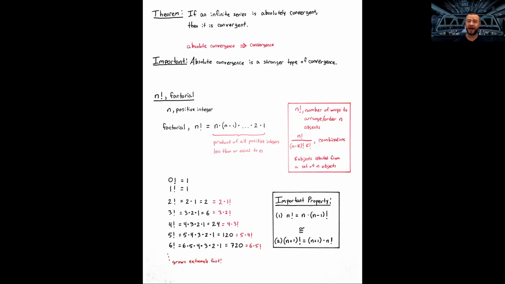What's going to be useful for us when applying the ratio test, which we'll be getting to in a few moments, is to kind of relabel this. Instead of using, let's say, n factorial, maybe we would have n plus 1 factorial. Now, the second version is equivalent to the first property there. It's just a more useful version for what we're going to get to with the ratio test. So what it says is any factorial, you can write it as that integer times the previous factorial.